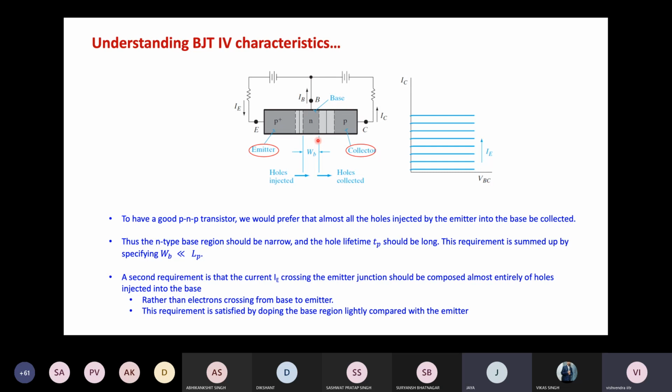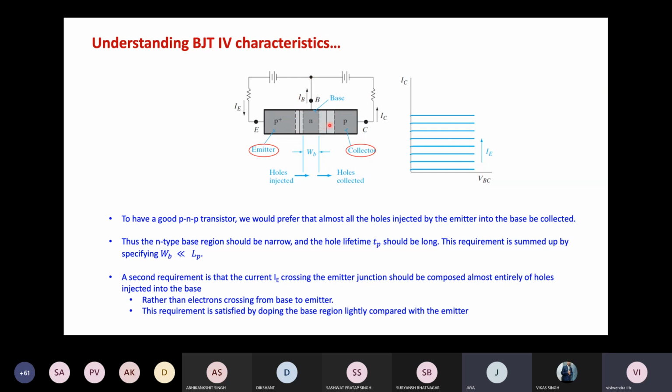And finally, what I would like to say here is that ultimately, if we properly understand the junction things, if we properly understand how a PN junction works, how various components work, it's extremely easy to understand a BJT transistor. So it's a direct generalization of the discussion that we did in PN junction.